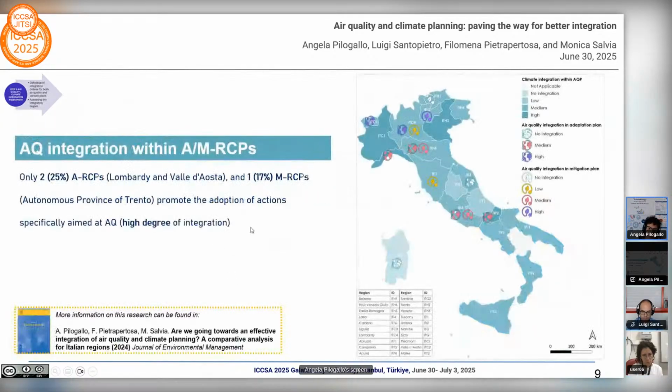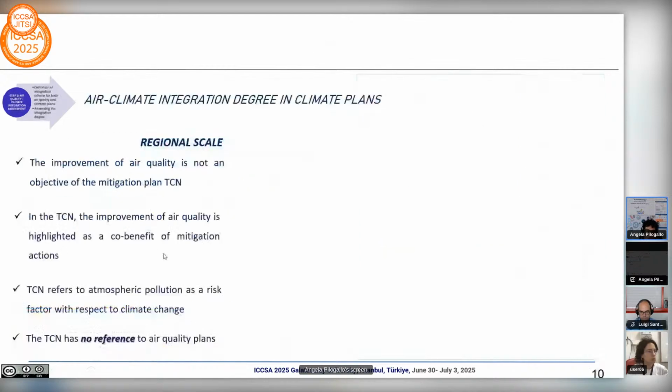What did we find? We found that at the national level, just 2 adaptation plans and 1 mitigation plan reached the higher level of integration, while Tuscany is at the medium level with 3 fulfilled criteria out of 4.